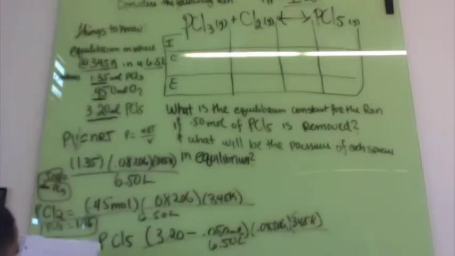And for PCl5, what we'll get is 11.8 atmospheres.